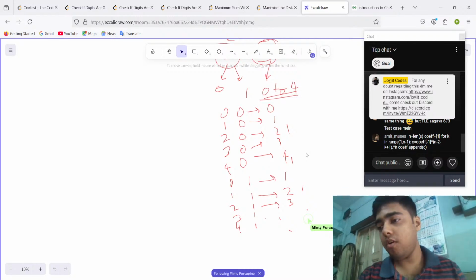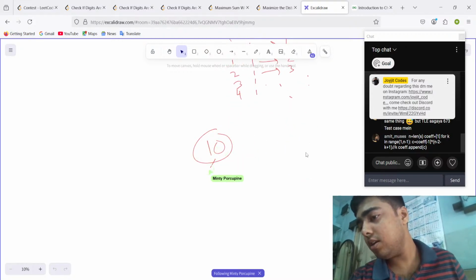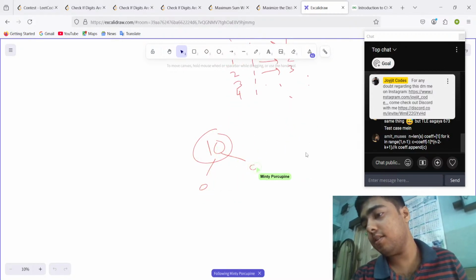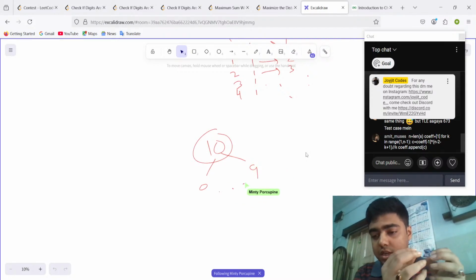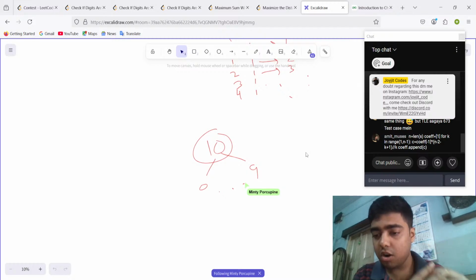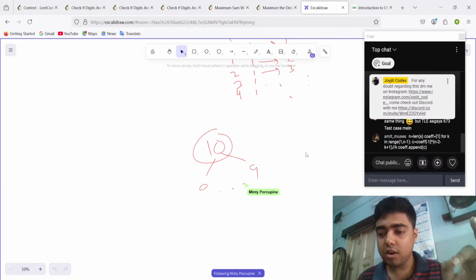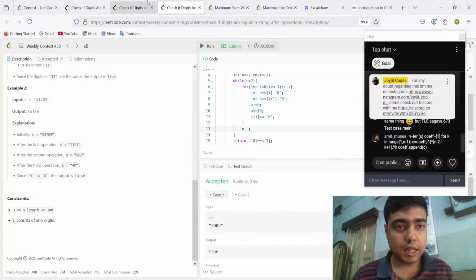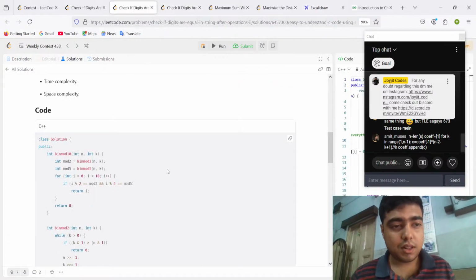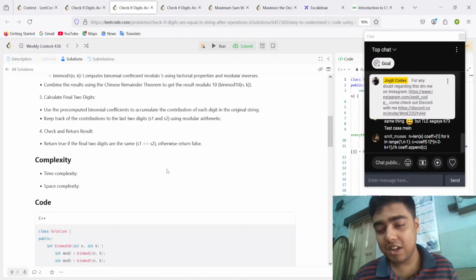So he is checking all the modulo 10 values, from 0 to 9. For every element, he checks what that element mod 2 is and what it mod 5 is, and if it matches the mod 2 and mod 5 of the number that we have got, he says that this is the answer. Is it clear? This is a very interesting algorithm, the Chinese remainder algorithm, whatever it is. So this is what he has done basically.